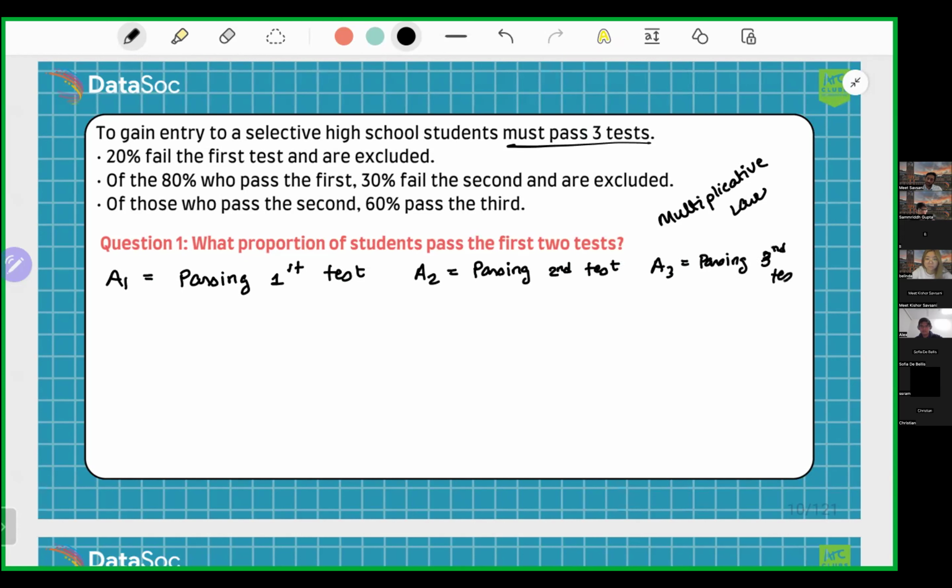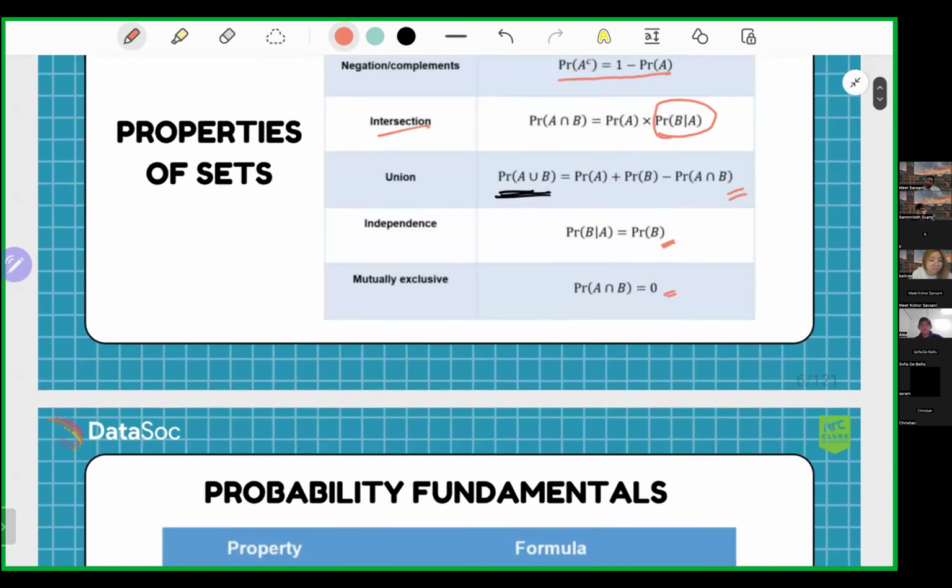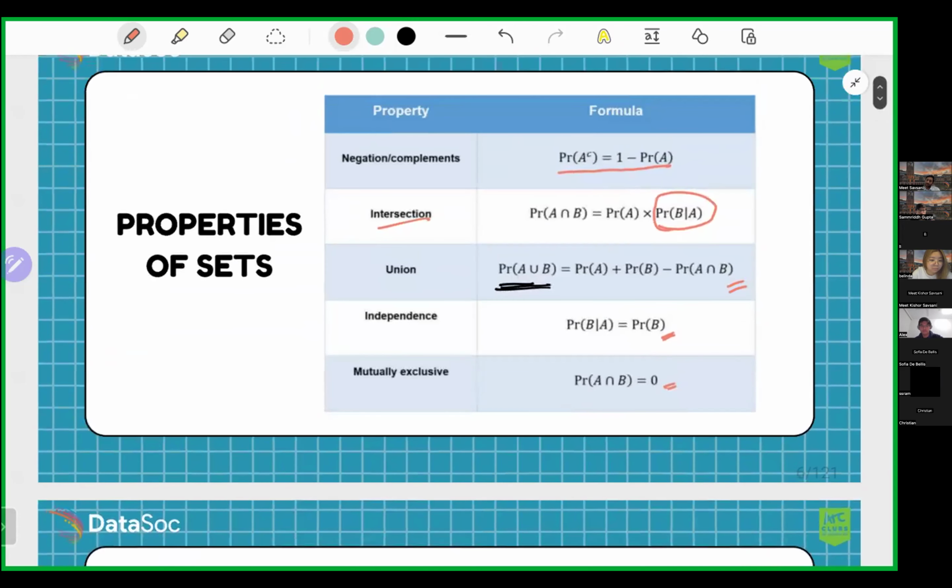What proportion of students pass the first two tests? So we need to figure out what proportion of students pass the first two tests. Let's start with probability of A1 intersection A2. For this, we will use the formula of intersection.